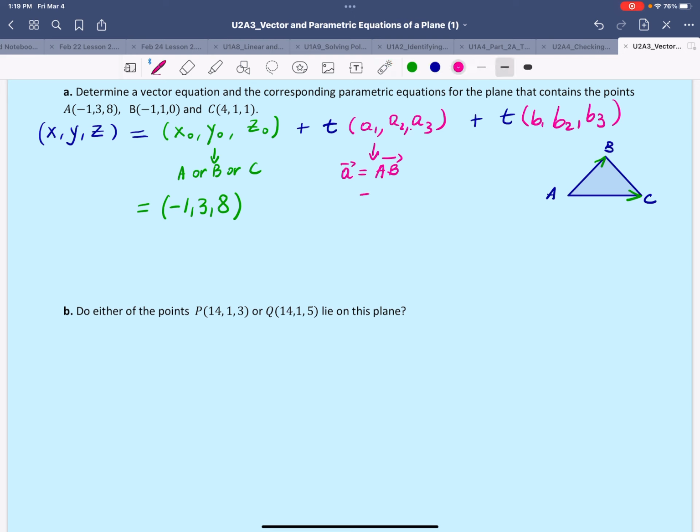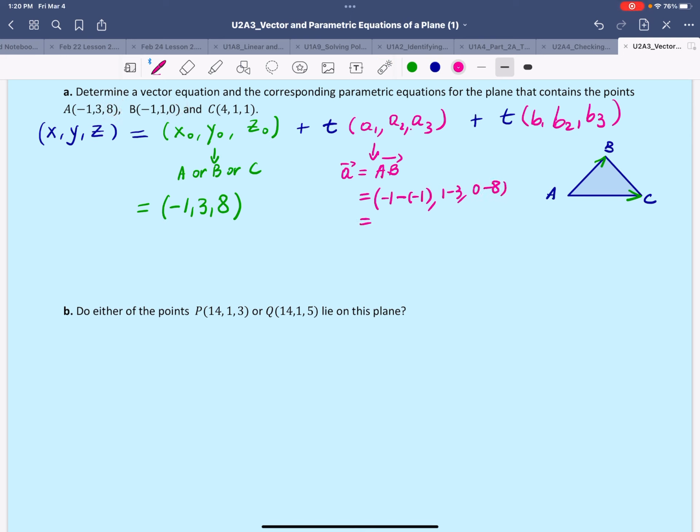So the coordinates of AB can be found as -1 minus -1. Remember, from B we are subtracting A. For the y coordinate we have 1 minus 3, and for the z coordinate 0 minus 8.